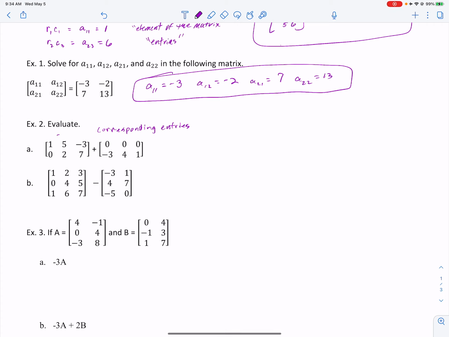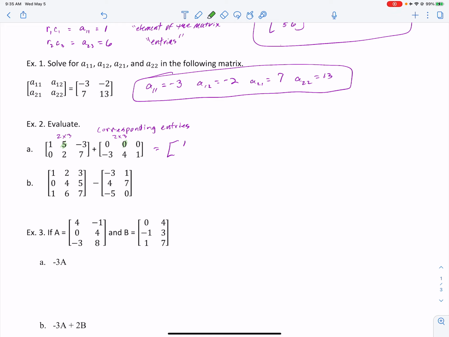So this is a 2 by 3, this is a 2 by 3, 2 rows, 3 columns. And so you just start by saying, okay, I'm going to add up the 1 and the 0, which is 1. Then you switch and you go to the first row, second entry. And you add 5 and 0 and you get 5.